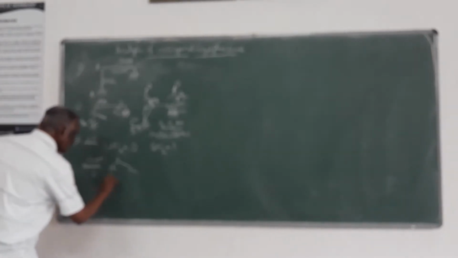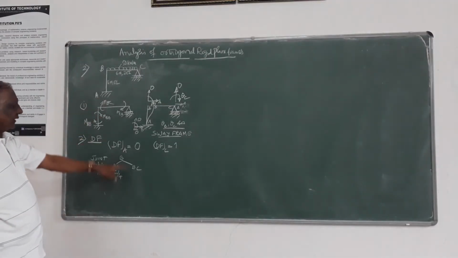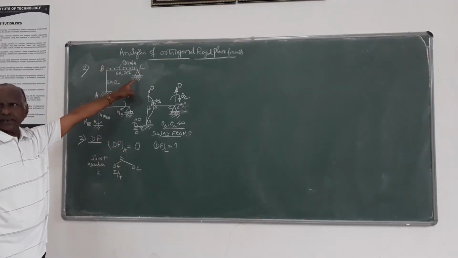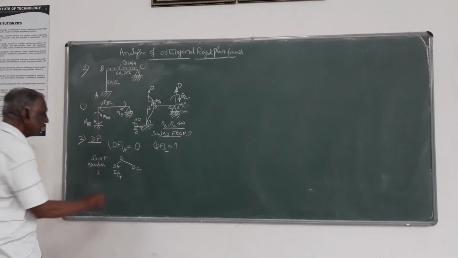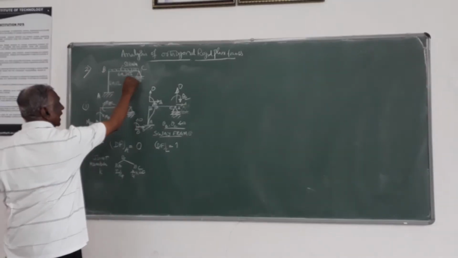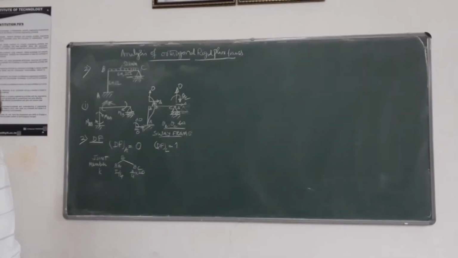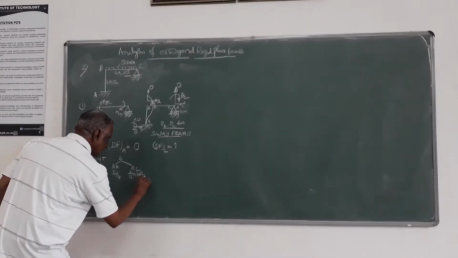Stiffness for BA, one end fixed, other continuous, is I by 4, I by L. Then for BC, one end roller, another continuous, it is 3/4 I by L, that is 3/4 of 2I. You have to be careful here. I have taken 2I as the flexural rigidity of the member BC. So 3/4 times 2I by 6, that is I by 4.